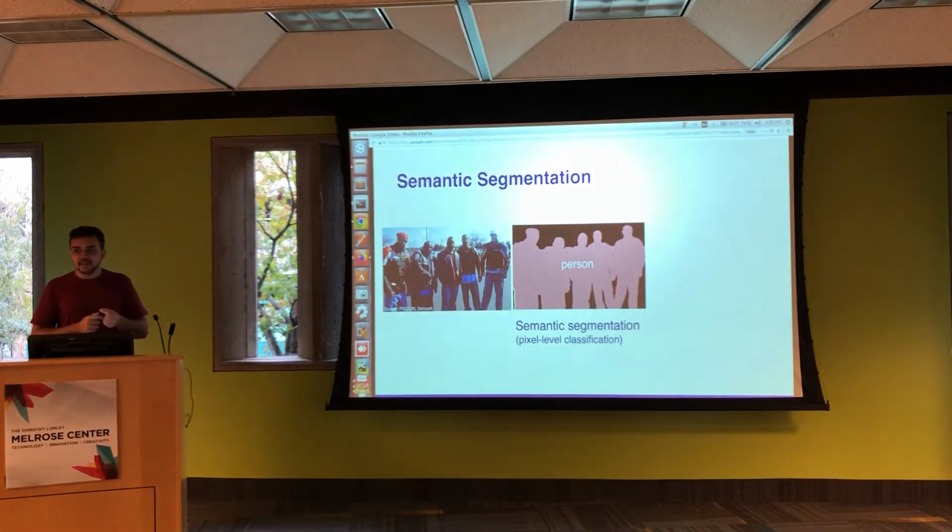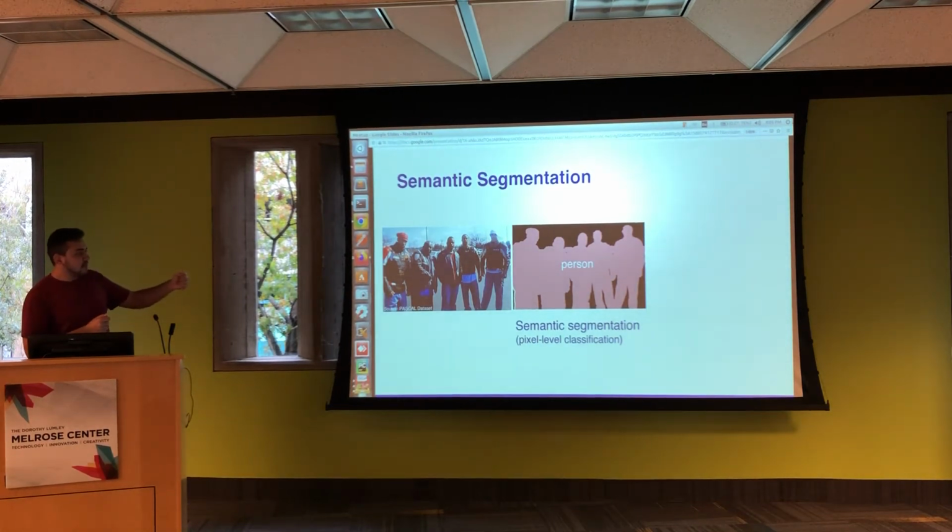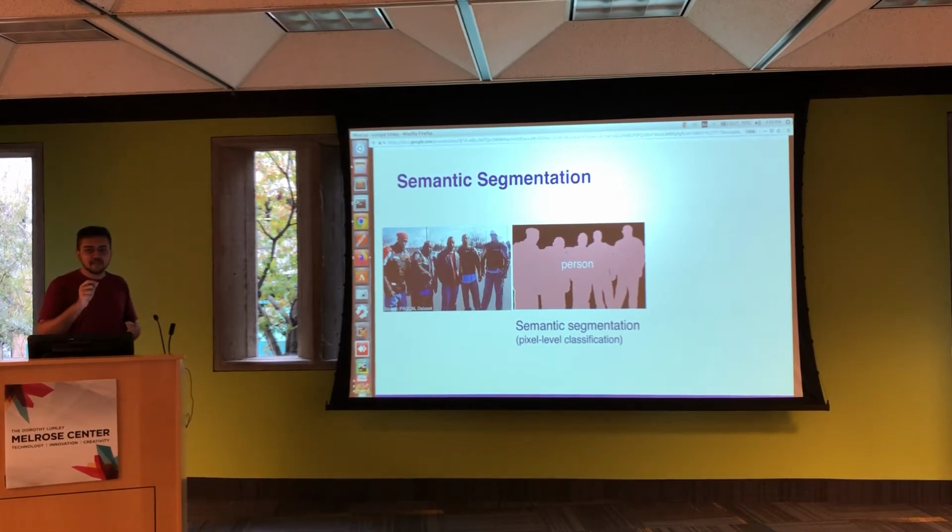Here you can see there is either a background or a person. All the pixels belonging to a person would be given the person class, and other than that there is no class. The disadvantage of this model is that you are not able to count or differentiate between the persons. There is a single mask for the whole person category.